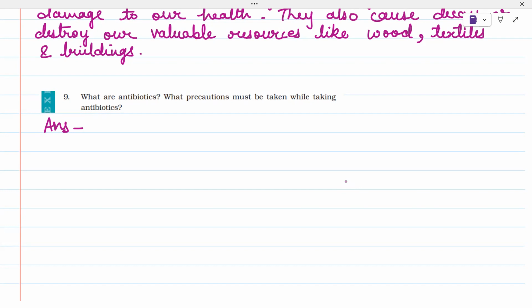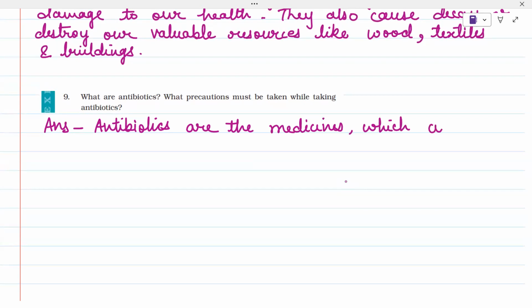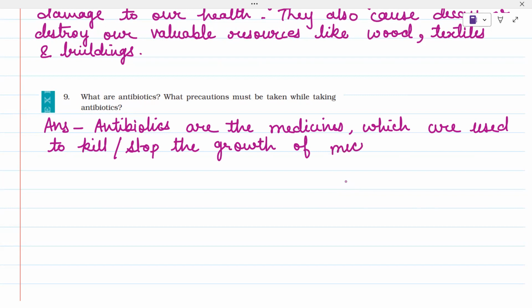So, we can write down, antibiotics are the medicines which are used to kill or maybe stop the growth of microorganisms.